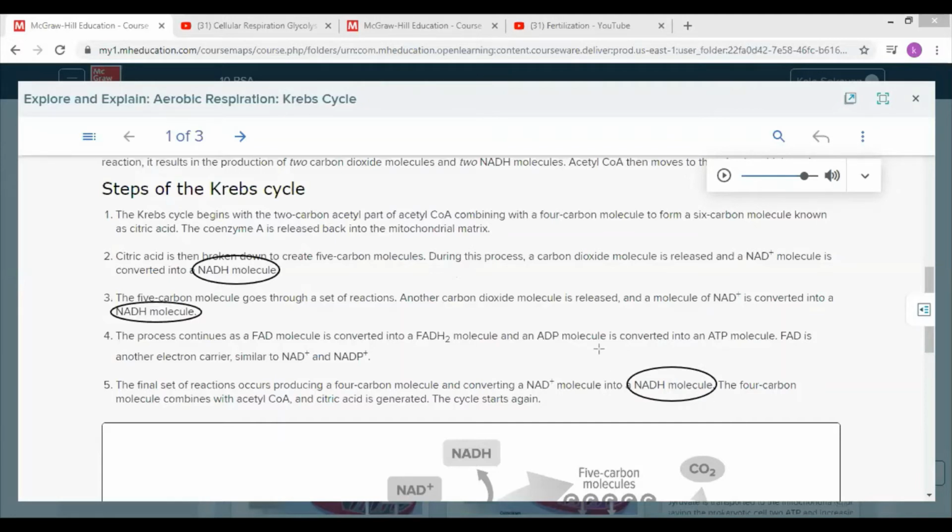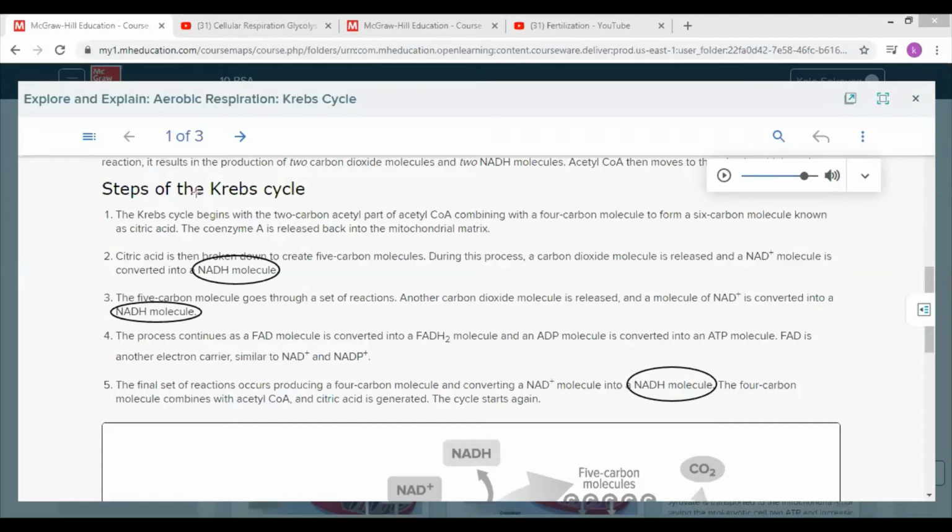So the total per pyruvate you will have 3 molecules of NADH. So total per glucose you will end up having 6 molecules of NADH. I will summarize this later for you.